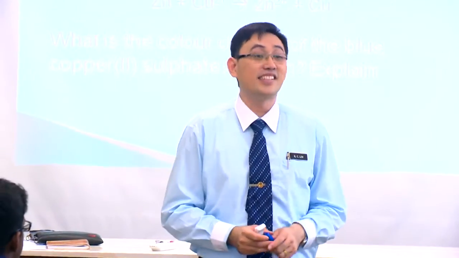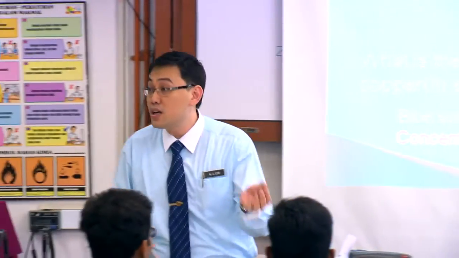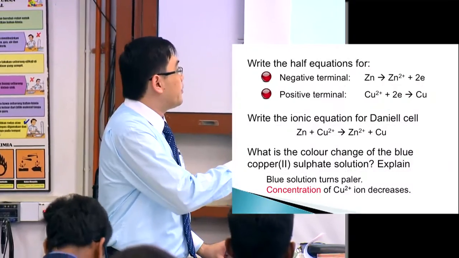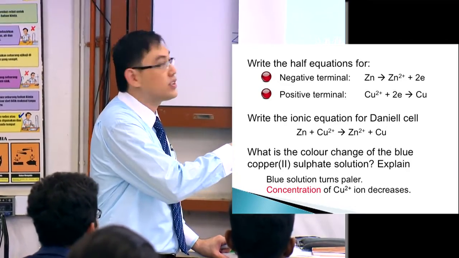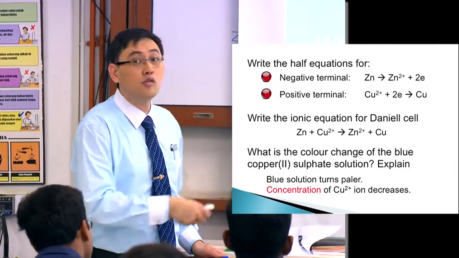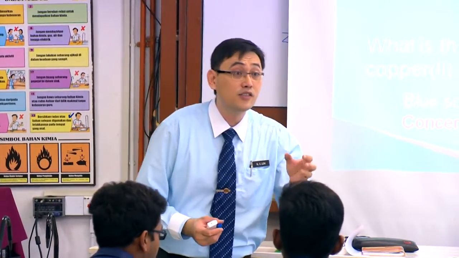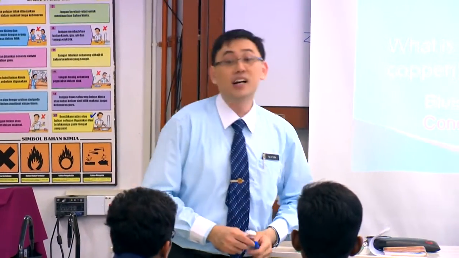The ion in charge of the blue color is copper(II) ion. The moment the copper(II) ion has changed into copper atom, its concentration inside the solution decreases. So from there, we know the color starts to fade, meaning the blue color will turn paler.